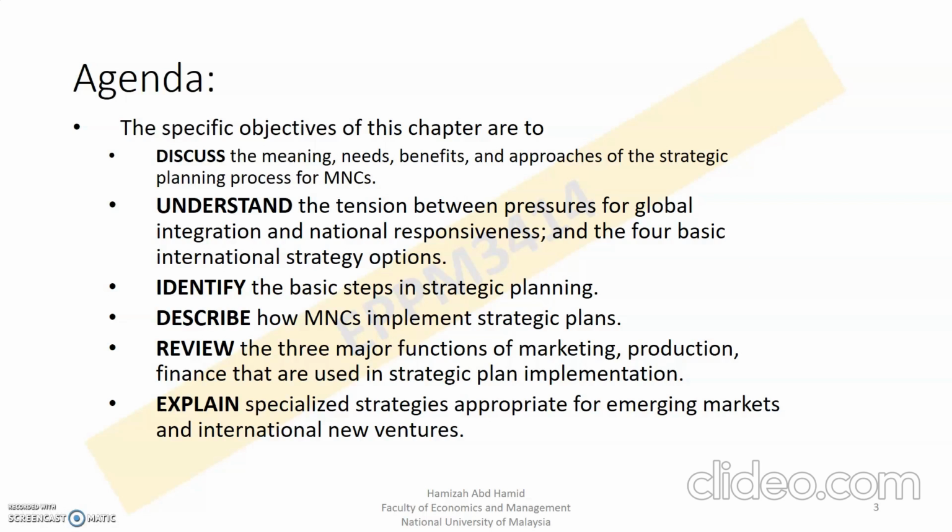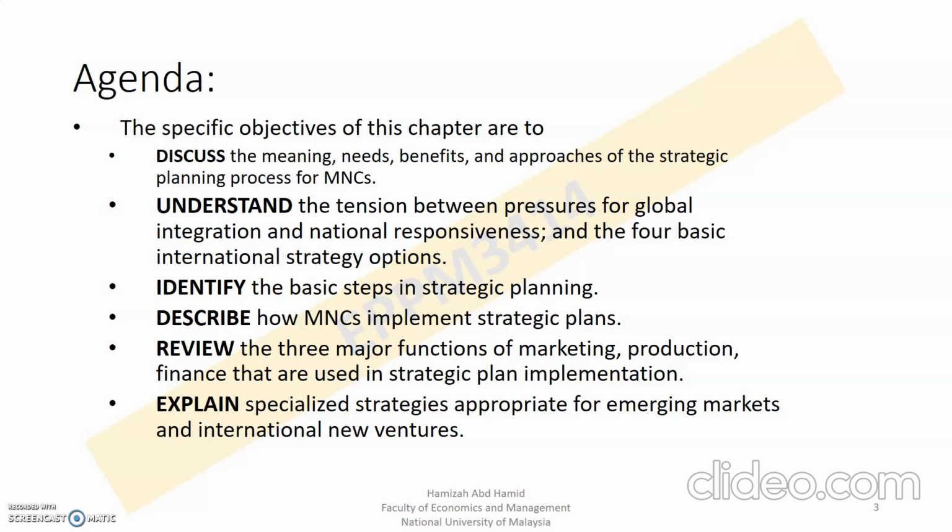You will also try to understand the tension between pressures for global integration and national responsiveness. So there are two basic spectrums. One end is global integration and the other end is national responsiveness. Between these two extremes, there are four basic international strategy options.